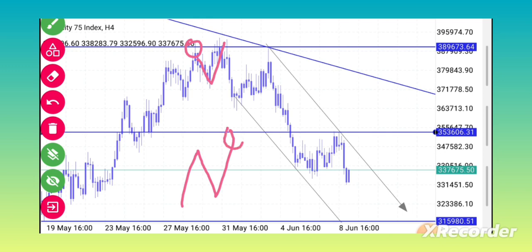As we see the reaction, if the market fails to close above this previous high, and we see multiple rejections or candlestick patterns, we execute here because we know that the market has failed. So this is an M pattern.